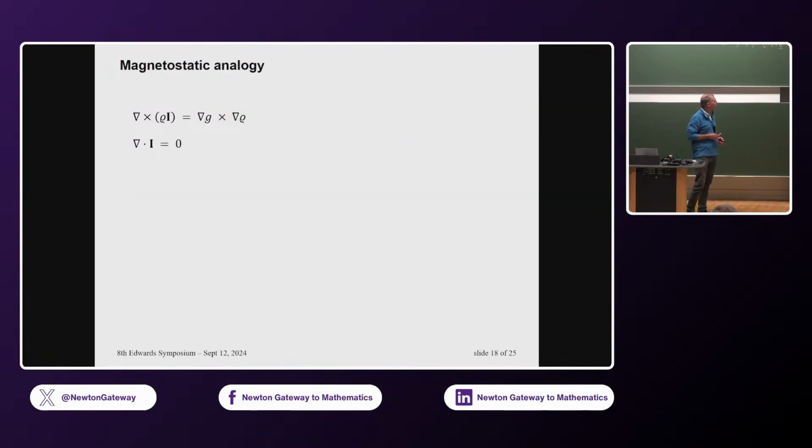So here are these ion current equations again, and if you stare at them long enough, you think, oh, I've seen something like this before. This looks very like Ampere's law in magnetostatics. And the second one looks like Gauss's law.